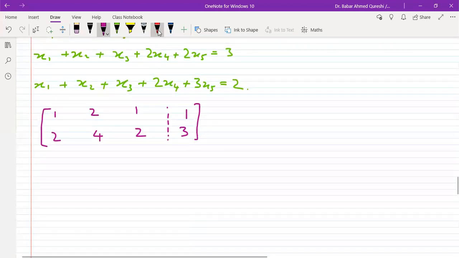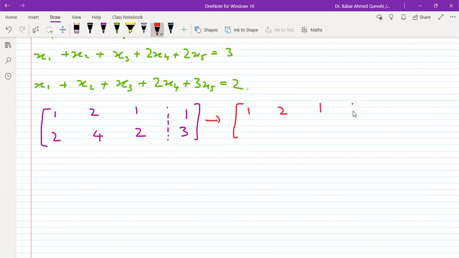So when I do this, -2 plus 2, -4 plus 4, 0, -2 plus 2, 0, -2 plus 3 is 1.